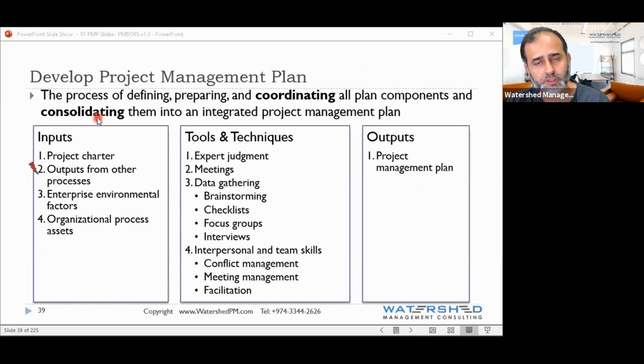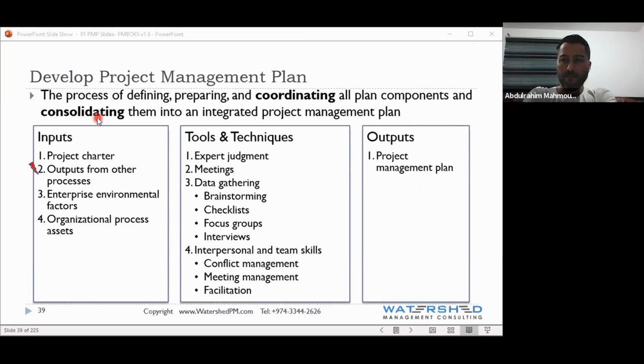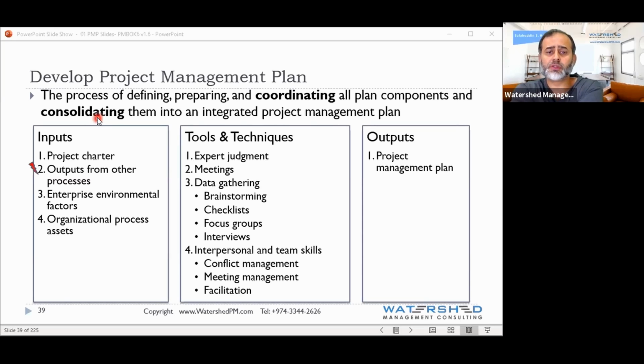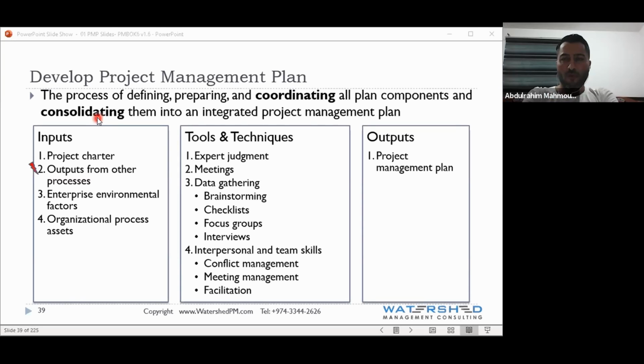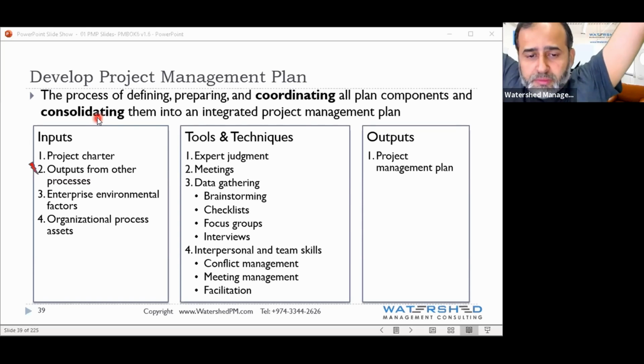So what is coordination? Think. And what is consolidation? Think. And if you can tell me what you're thinking, then I will know what you're thinking. So what do you think is coordination and what is consolidation? Coordination. Coordinating between different processes. Yeah.